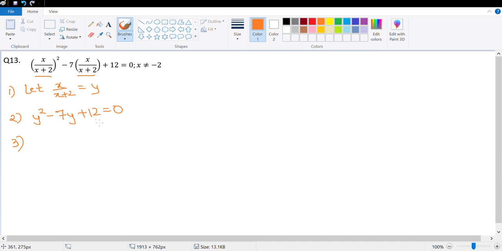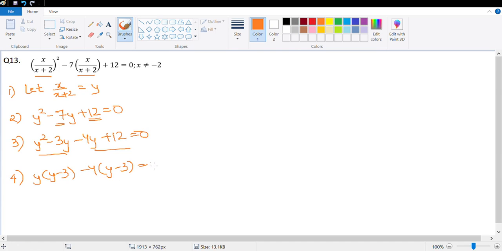Now I need to find factors of 12, the sum of which is negative 7, which is negative 3 multiplied with negative 4, and that will also give me the sum as negative 7. So y squared minus 3y minus 4y plus 12 is equal to 0. Grouping it the way I have underlined, y times y minus 3 minus 4 times y minus 3 is equal to 0.